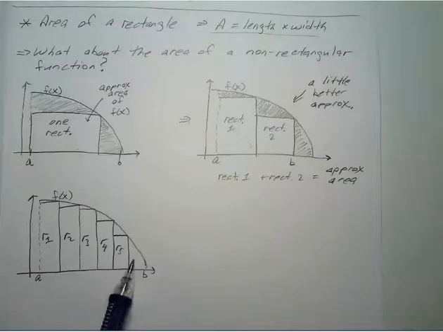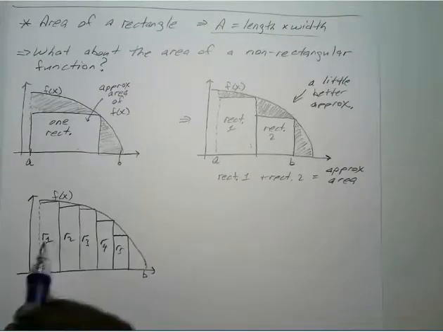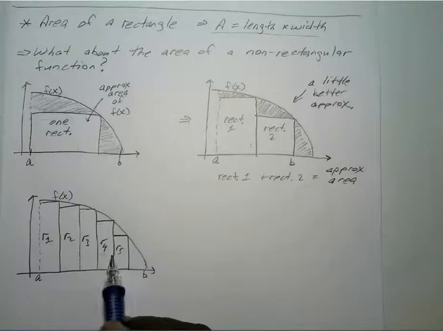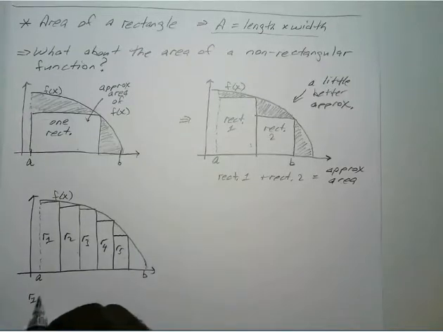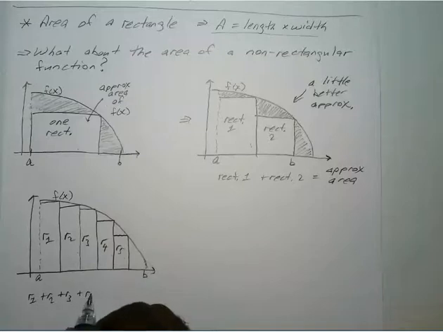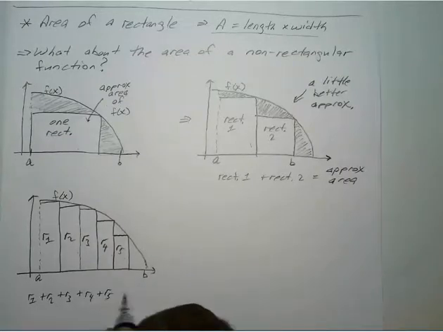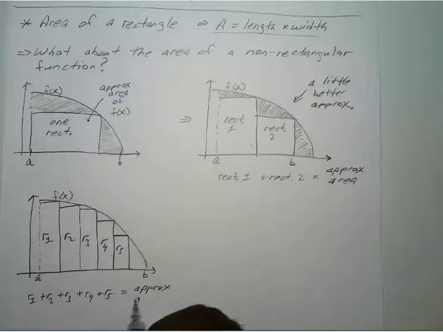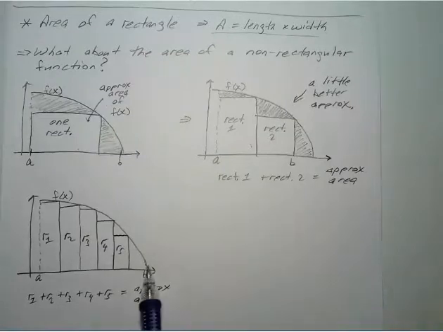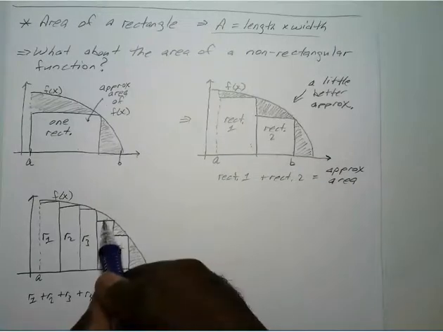So if we want to get another approximate area, we just add the area of those 5 rectangles. Rectangle 1 plus 2 plus 3 plus 4 plus 5 will again give us an approximate area, where now we're just missing a little bit less.